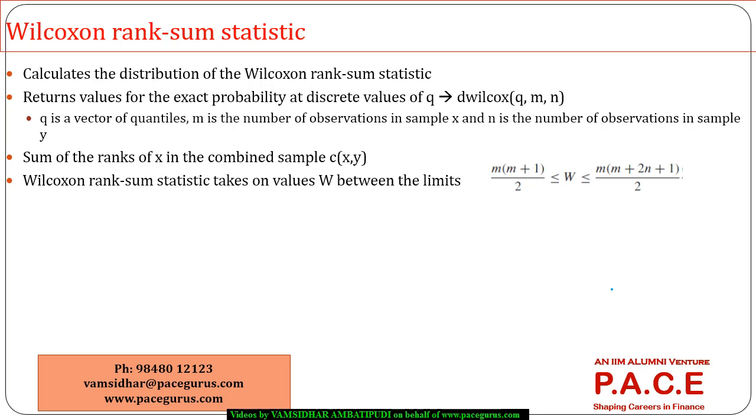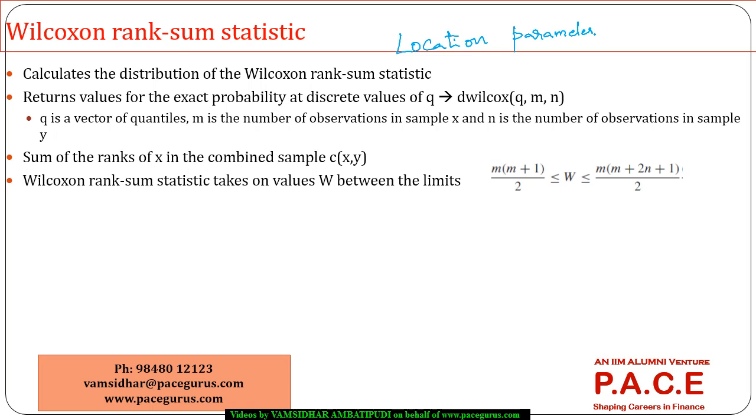Then one more important distribution that we can look at here, used a lot when we are doing the comparison between distributions, right? Comparison of a location parameter associated with a sample.